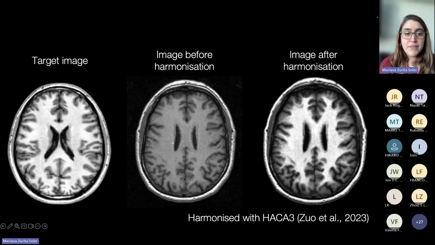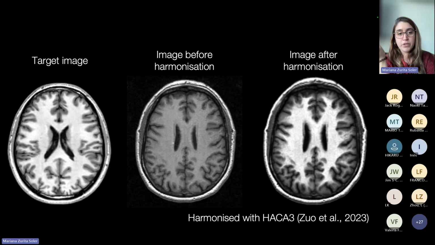Then we process this image through image level harmonization, and we get something like this. There are other things that come into play here, but visually you can see that the intensities are now more similar. This allows for a more direct comparison between these two images.